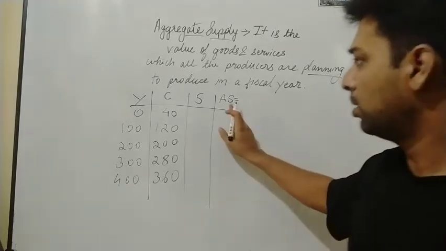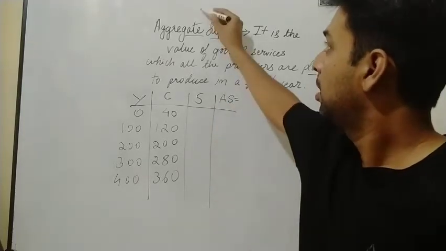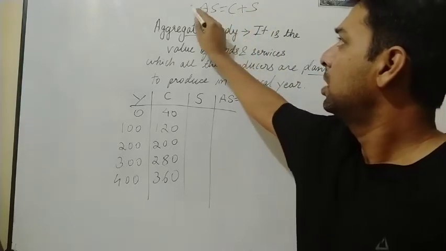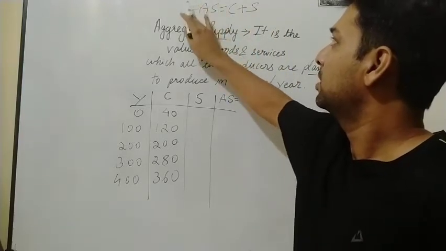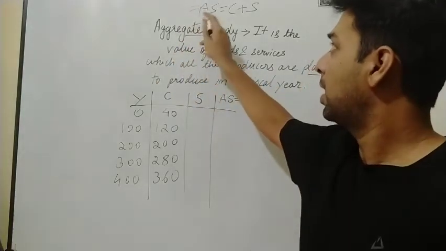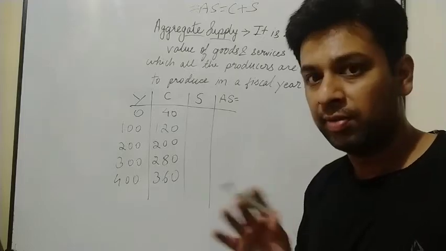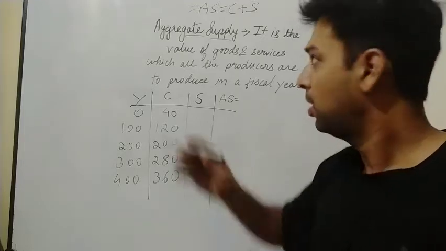So you'll have to remember, aggregate supply is nothing but C plus S, because when you are producing something, you cannot produce anything without giving employment to the people. You have to give employment.